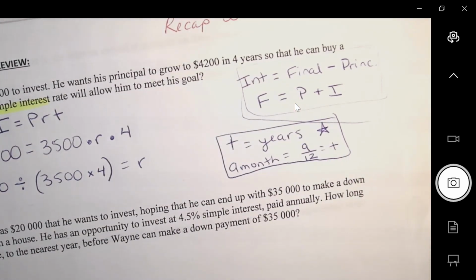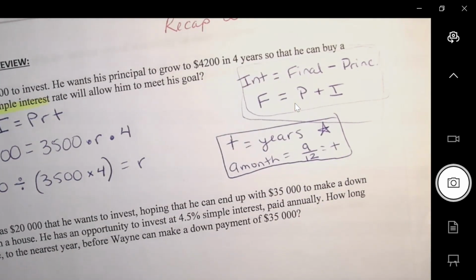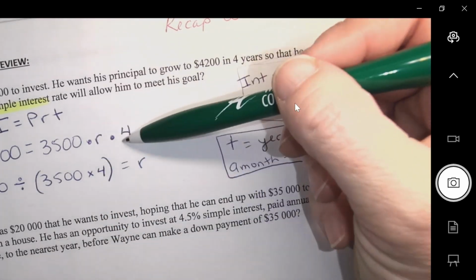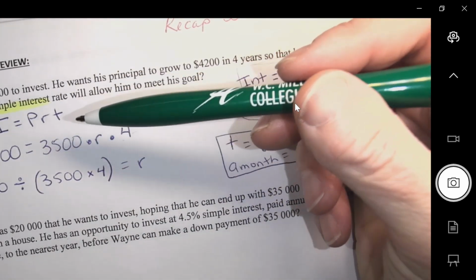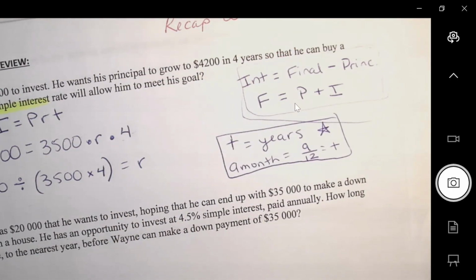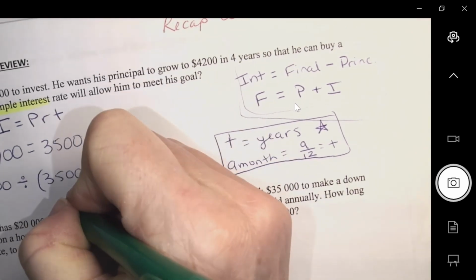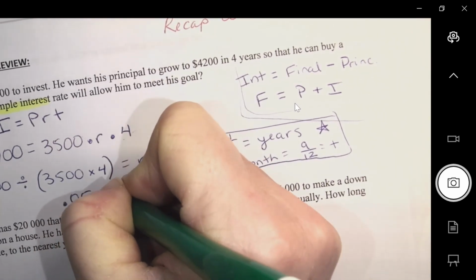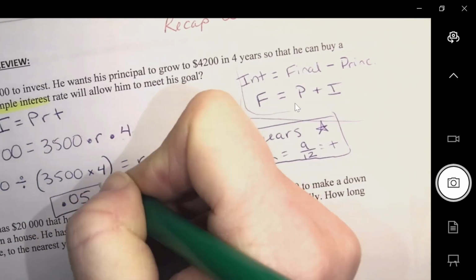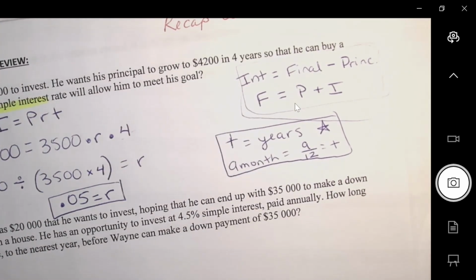So if I type it into my calculator, I would need to put brackets. Or you could have multiplied those and then got a number first. So that is the rate.